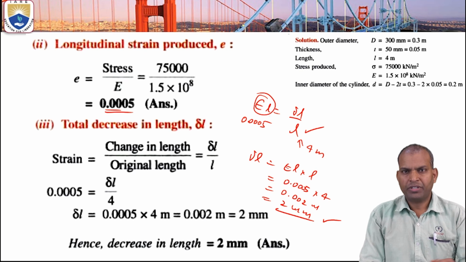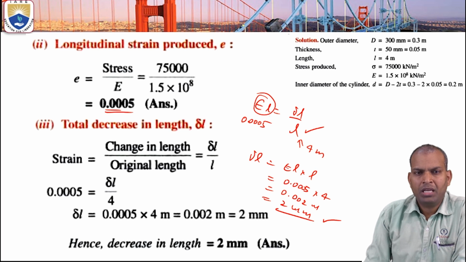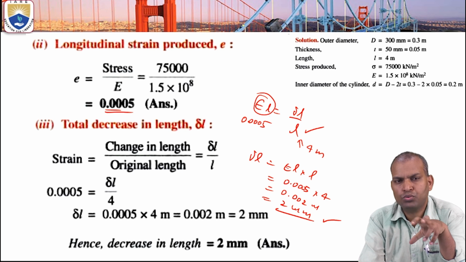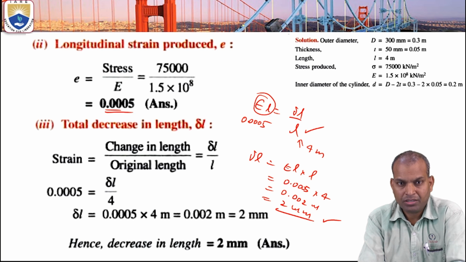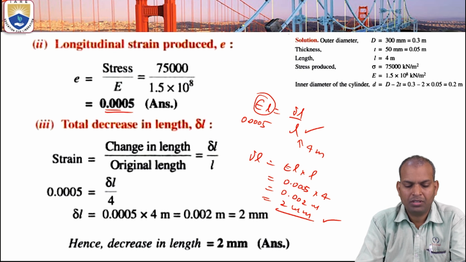Here we also consider that strain is the fraction of deformation, that is normal strain, and the modulus of elasticity is related to normal stress and normal strain. And the stress-strain curve we have studied not in detail, but just a glimpse of stress-strain curves.